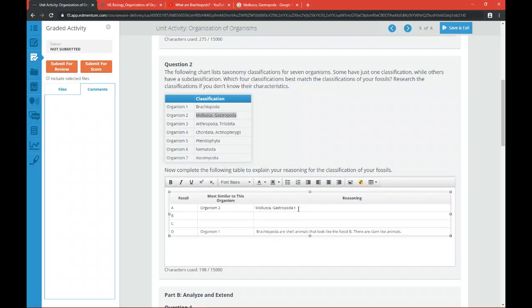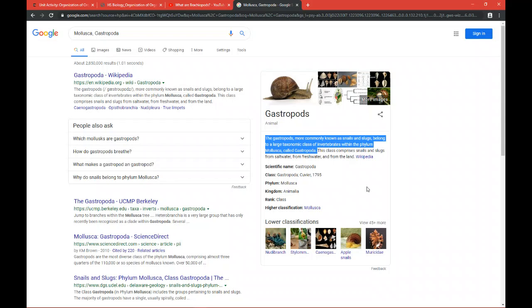So mollusk and gastropods, a subcategory, are snail-like animals that look like fossil A. And you can listen to it, read more about it, and put a little bit of description on it.